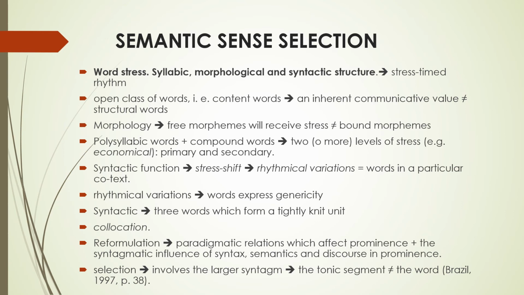That selection from words in the general paradigm and their synthesis into the existential paradigm involves a larger unit than the word, and it is not just the word, it is the tonic segment for David Brazil.